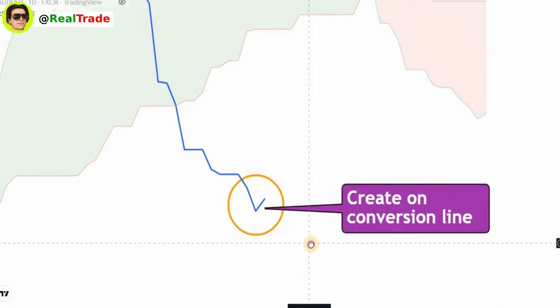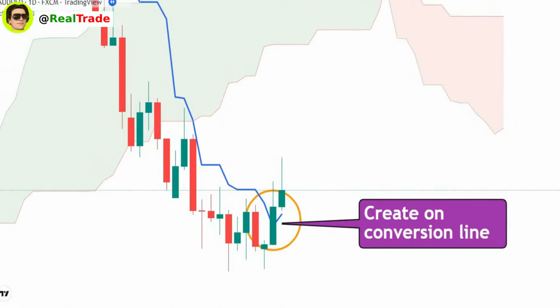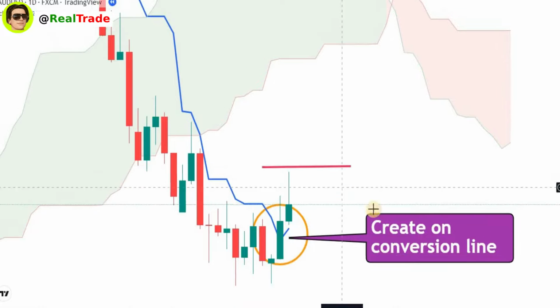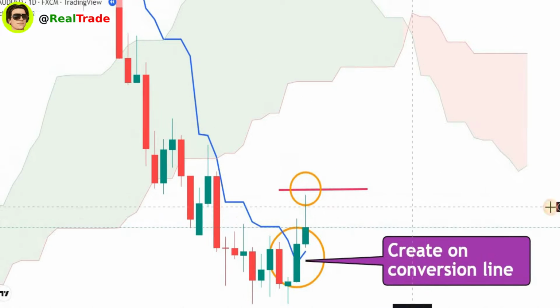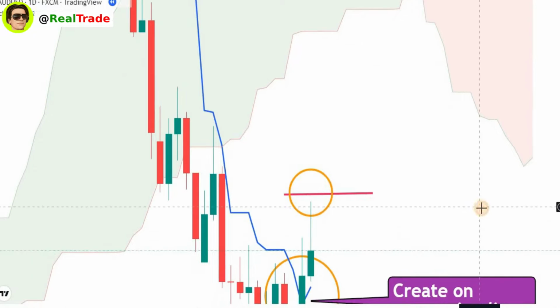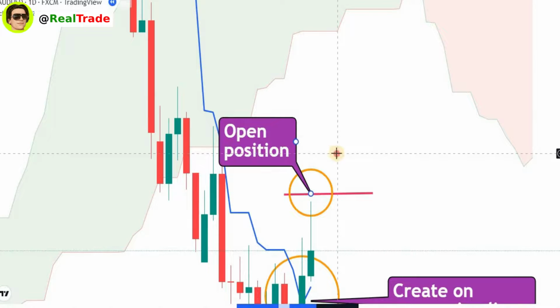Yes, carry it on the conversion line. Next candle is the best open position. Yes, this area, open position.